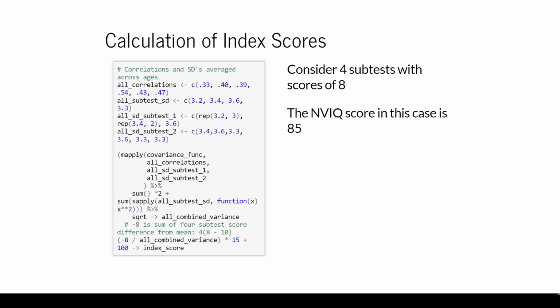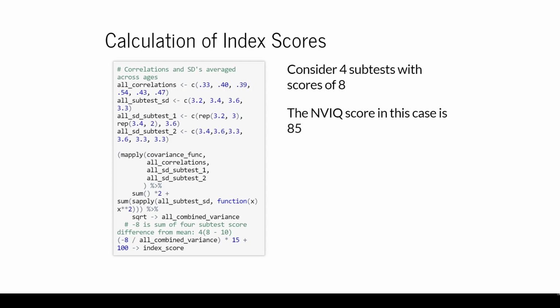And so what I did here is I went through, for all 4 nonverbal IQ subtests on the Leiter-3, and averaged across all the ages what the correlations of all those subtests were, and all those subtests' standard deviations.